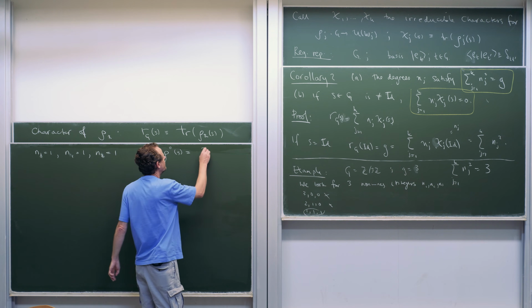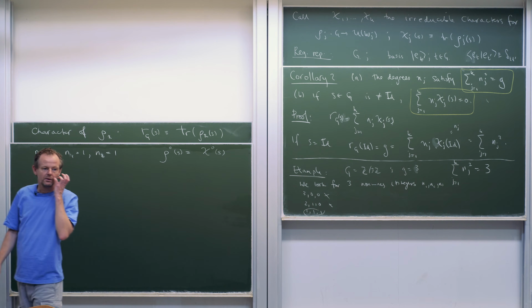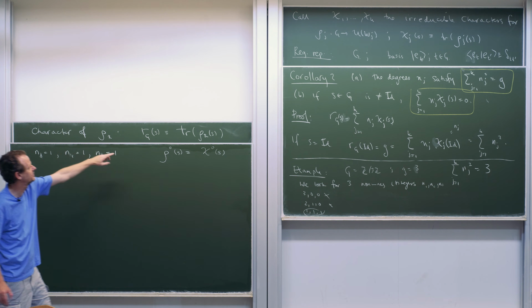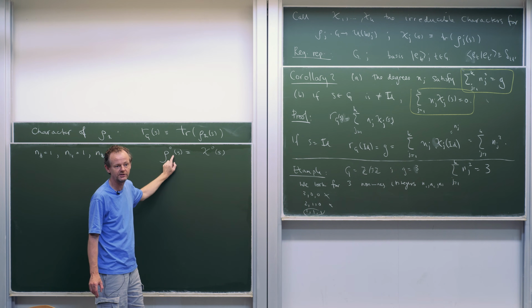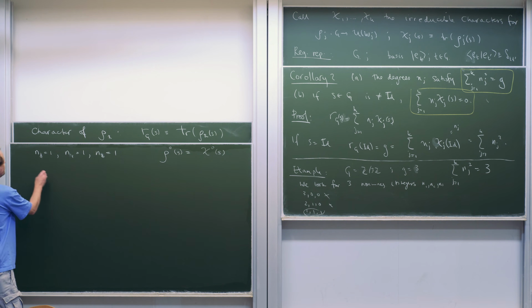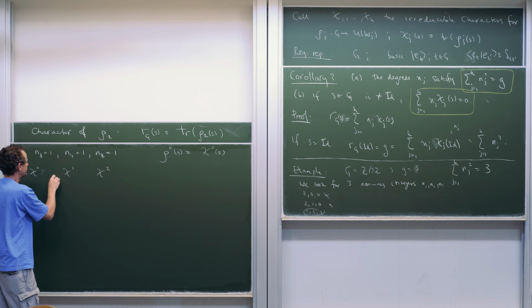So actually the representation itself is the character for this group. The character is a number associated to each element of the group, but because this representation is one-dimensional, the trace of it is the same as the representation. So we have 3 representations, which are effectively completely determined by these characters: chi0, chi1, and chi2.